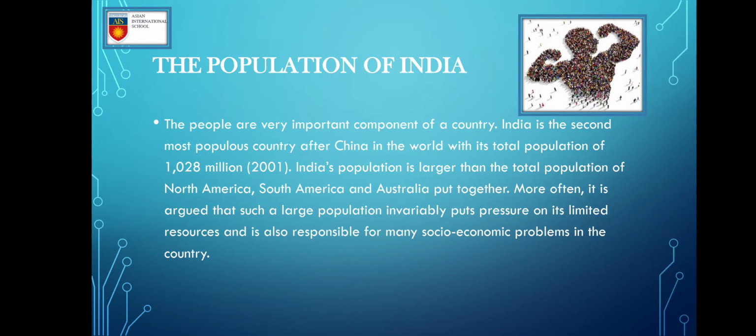India's population is larger than the total population of North America, South America and Australia put together. More often, it is argued that such a large population invariably puts pressure on its limited resources and is responsible for many socio-economic problems in the country.